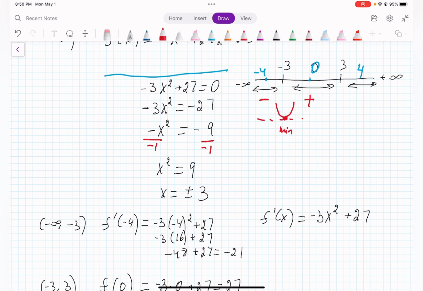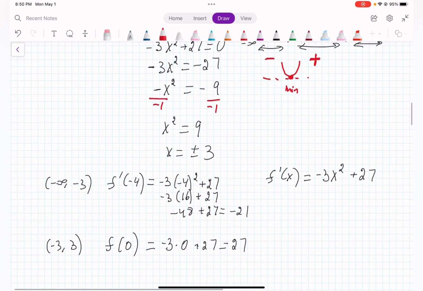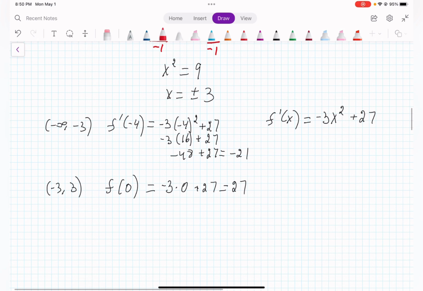So now we are checking between -3 and +3, we are positive. Let's see what we're going to have above 3. So 4, we are taking 4. So on interval between +3 and positive infinity, we are taking f of 4. And that's equal -3x squared, 4 squared, plus 27.